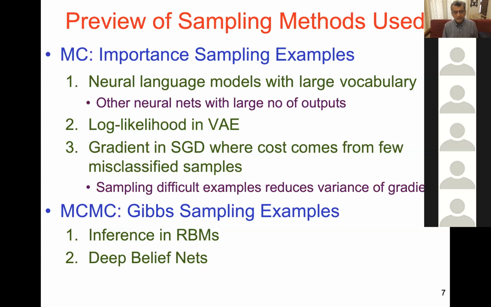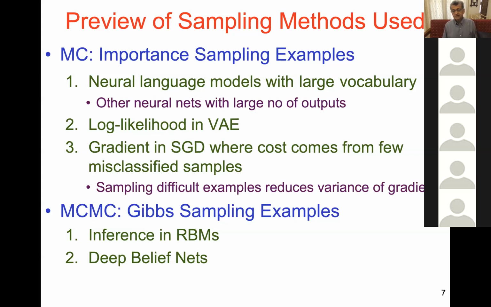Or in a particular generative model called a variational autoencoder, or VAE, we have to compute a log likelihood, and that log likelihood involves estimating something, and that is done using importance samples. The third example given here of importance sampling is gradient and stochastic gradient descent, where the cost comes from a few misclassified samples.